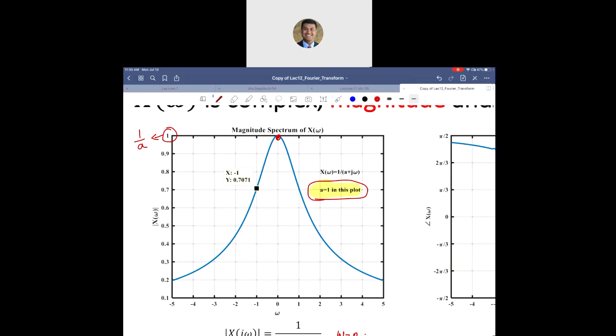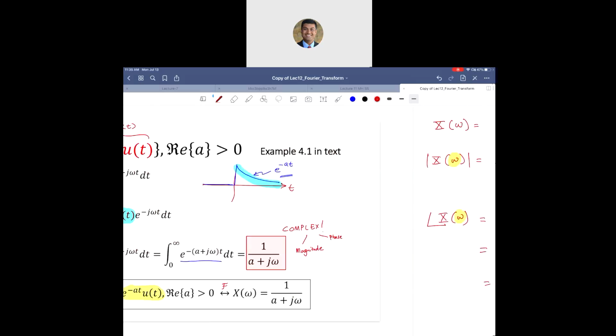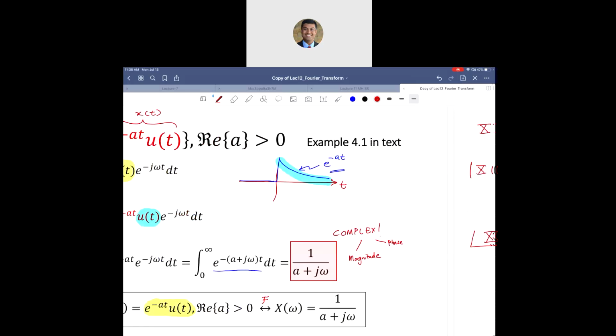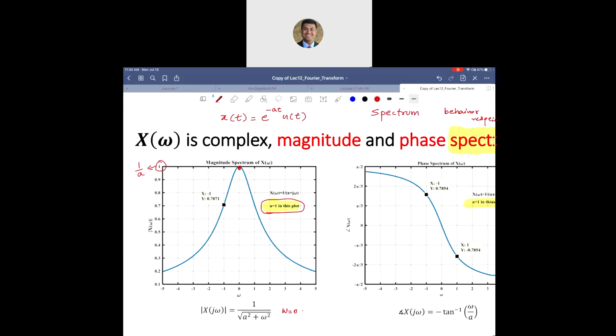Low frequencies, absolutely. You see this? Low frequencies are a lot because it's e to the minus at u of t. And then as you go higher in terms of frequencies, the magnitude of those elements is lower and lower.